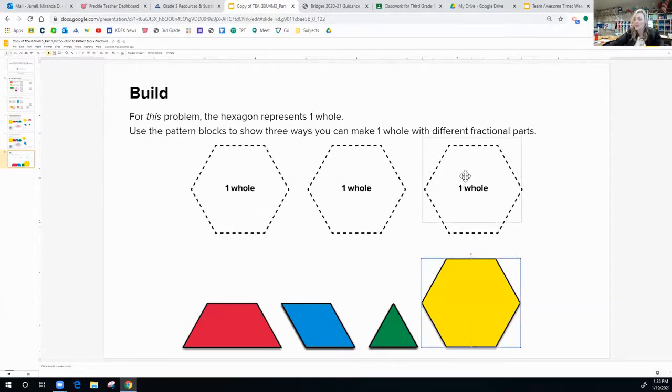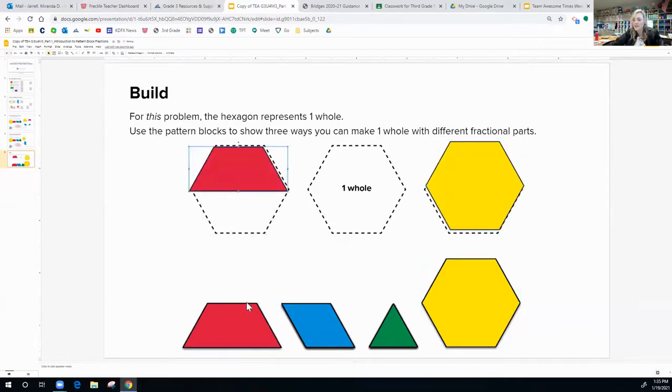All right, so 1 whole for the yellow, and I can use 2 of these. I just need to turn it. So turning, there we go. Turn it, and that makes a whole. And then I believe I can use 3 of these if I turn them correctly.